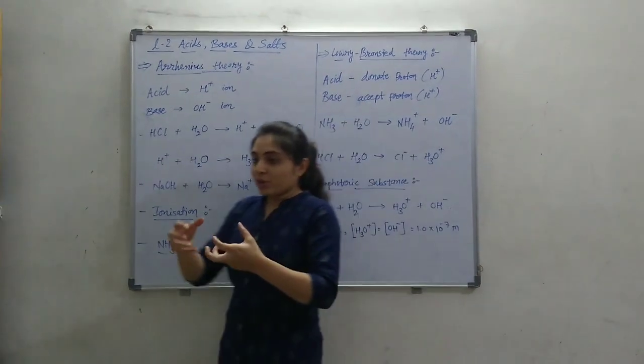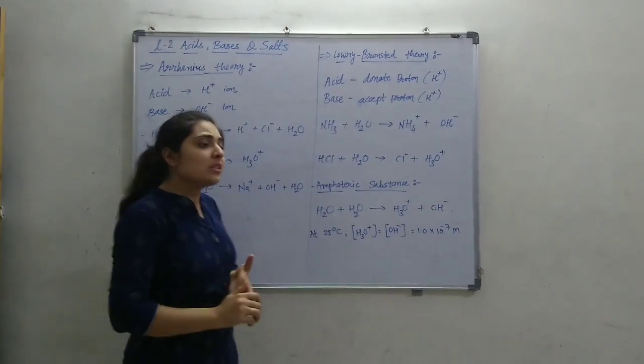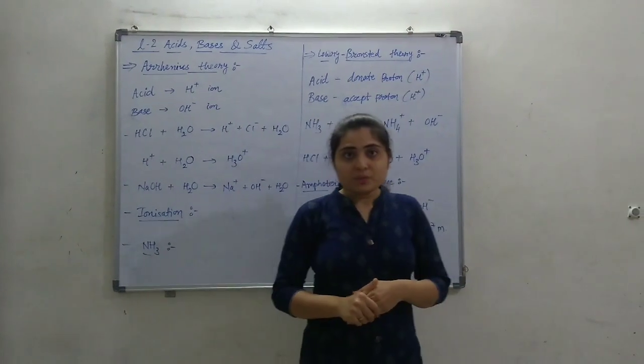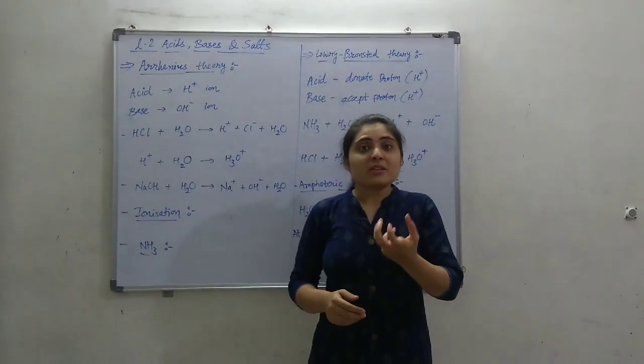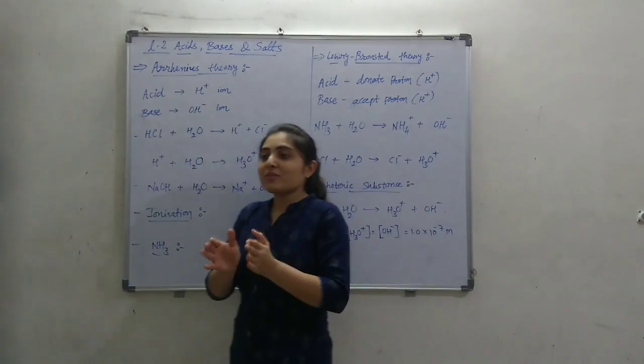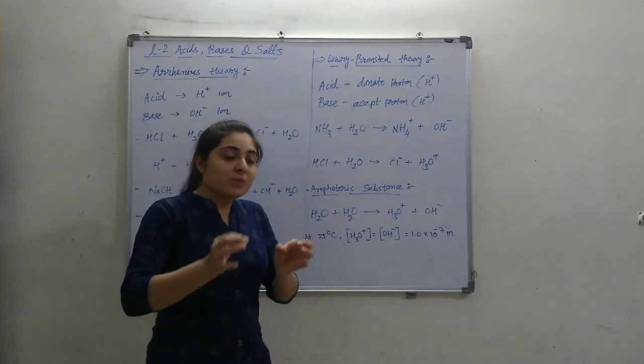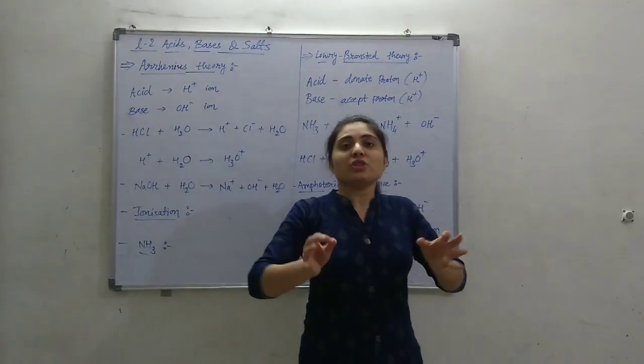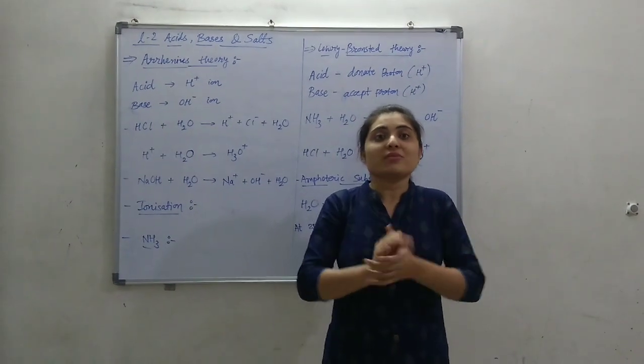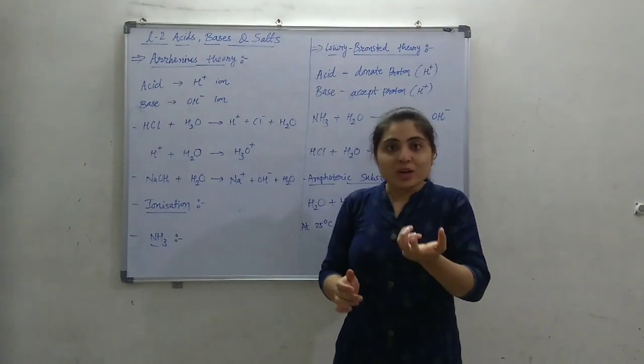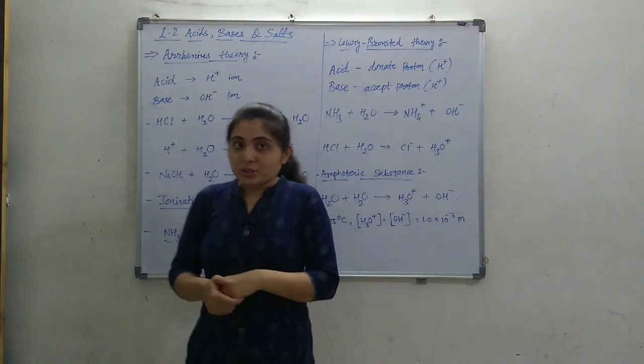Whenever acid is added into water when we are making the solution, water has the ability to dissociate, to separate the positive and negative ions, right? That's why it is used as a solvent.